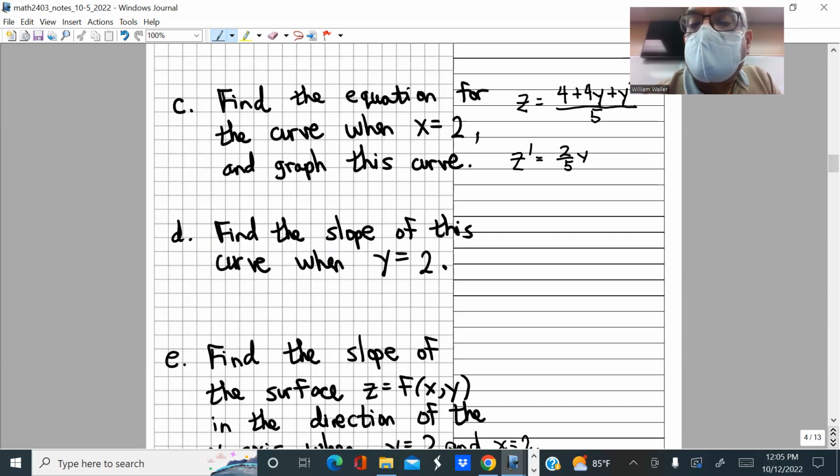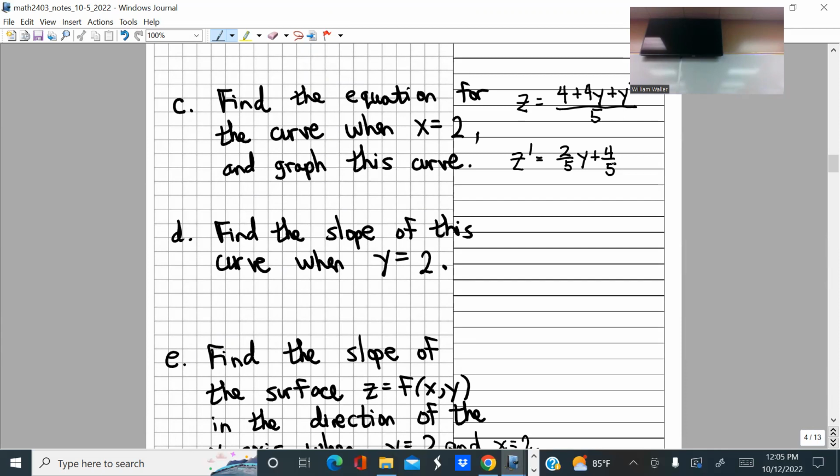Yeah, I think you're right. Because when you differentiate z, you get on the top 4 plus 2y. The first 4 disappears, because that's a constant. So you get 4 plus 2y over 5.